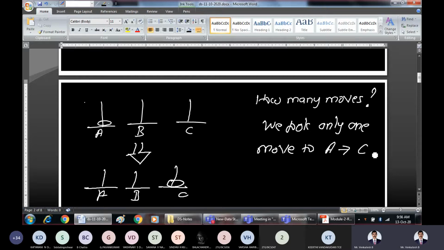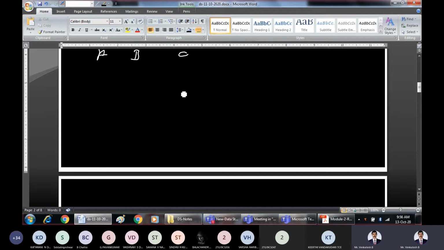By taking the minimum number of moves, you should be able to move all the disks from source to destination. Here we are going to treat A as source and C as destination, and peg B as auxiliary. That is the given problem.